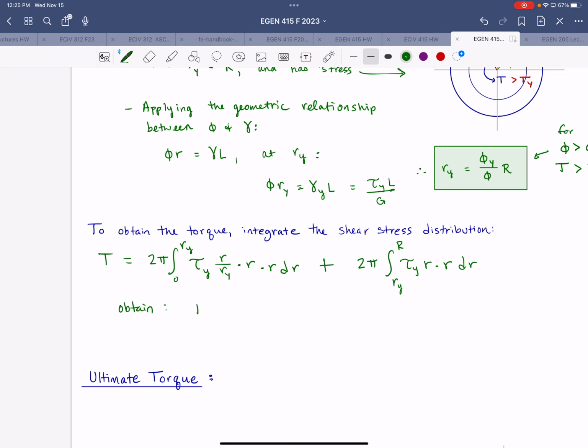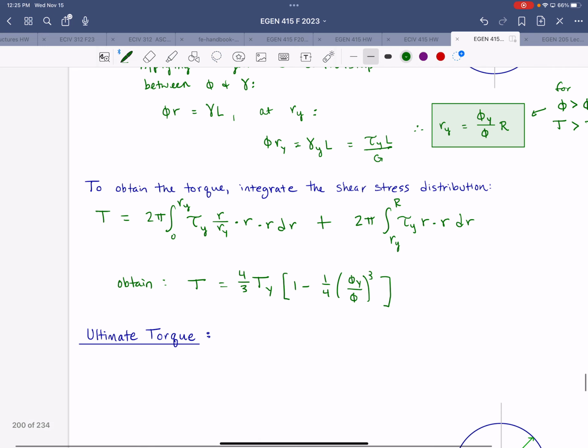So from that integral, we obtain torque is equal to 4/3 times the yield torque, and then in brackets, 1 minus 1/4 times the ratio of the yield angle of twist to the variable angle of twist, that ratio cubed.